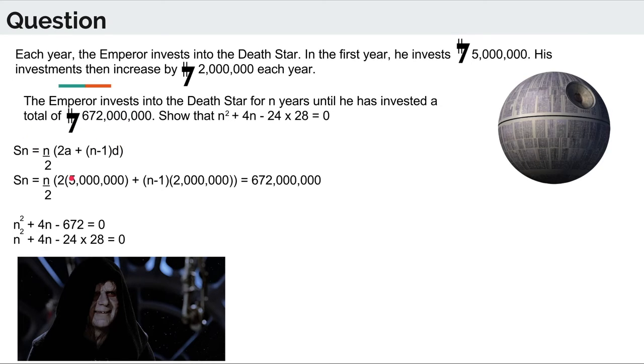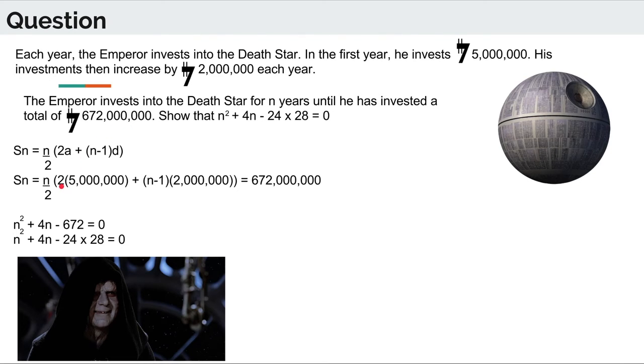N is what we're trying to find. So we know that whatever value of n we have, it must give us the answer 672 million. It must give us that sum, as stated in the question. We just have to find out what value of n gives us that.